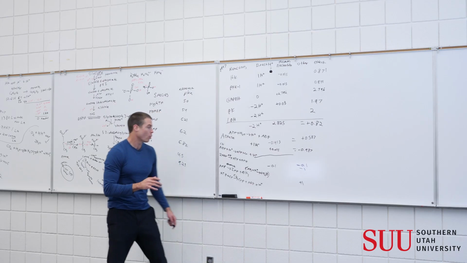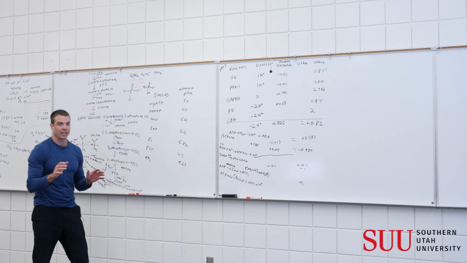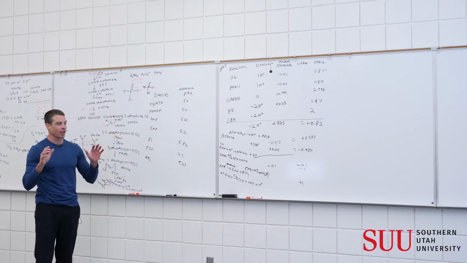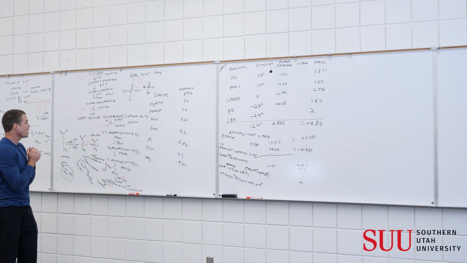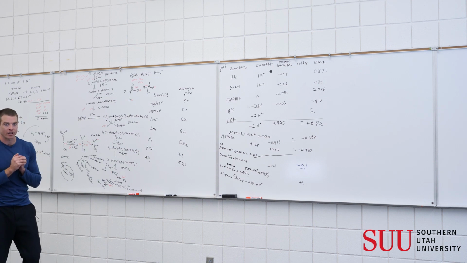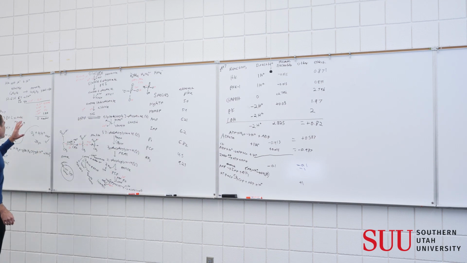Okay, so now we've gone through all the core reactions, and let's just put a refresher on this really quickly. When we do glycolysis, we found that only 2 hydrogen ions are contributing to the acidity.